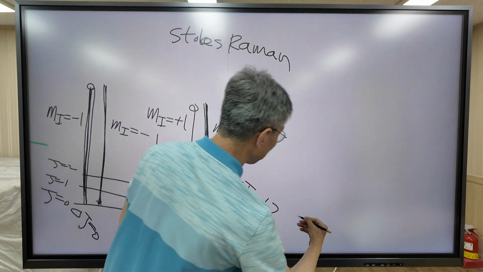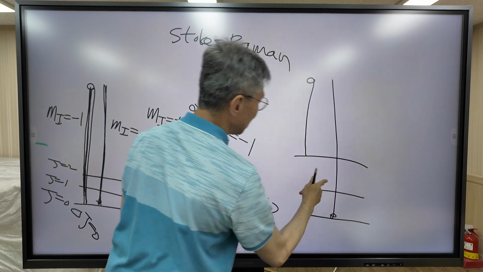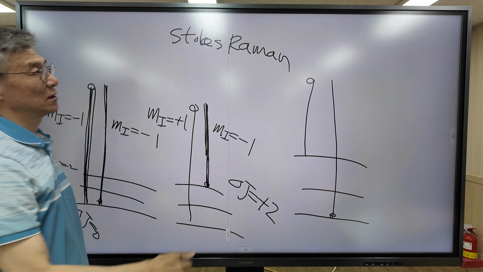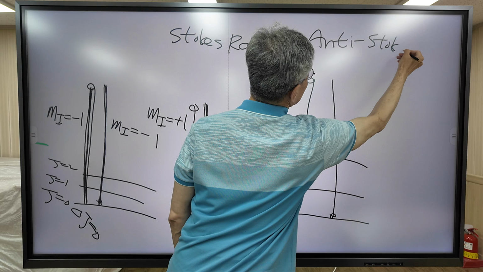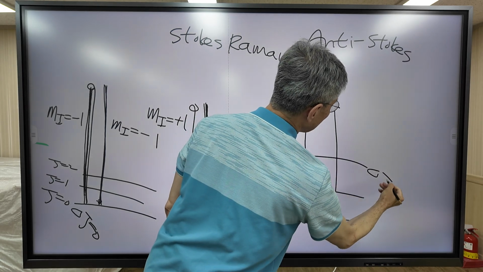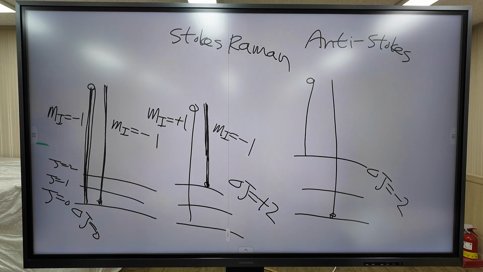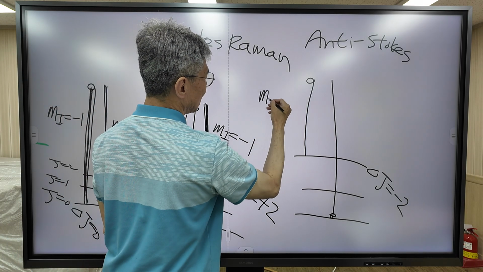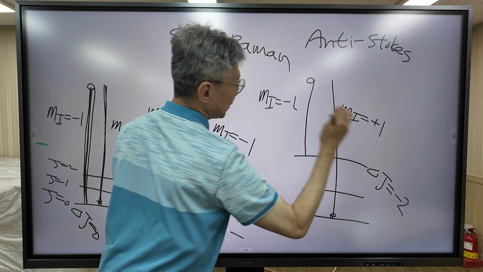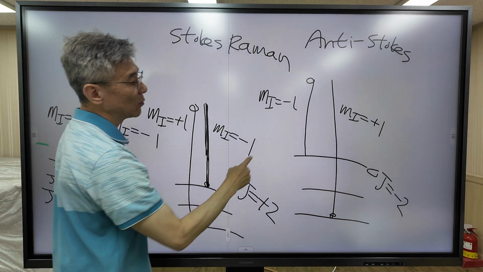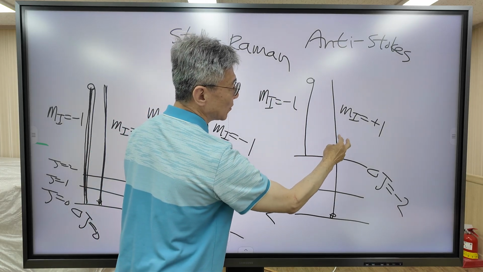Now finally, this process is anti-Stokes-Raman scattering. In this case, delta J decreases by 2. The angular momentum quantum number of incoming photon is minus 1. Outgoing quantum number is plus 1.